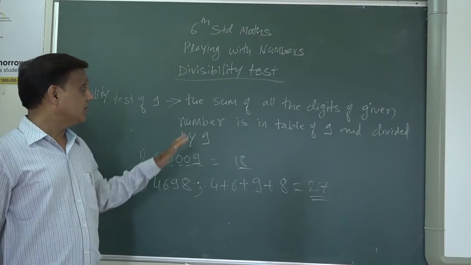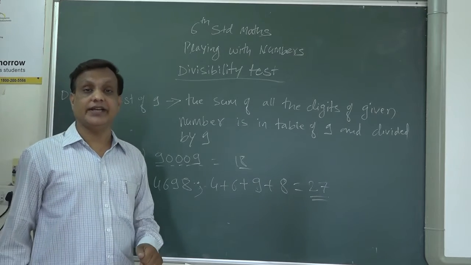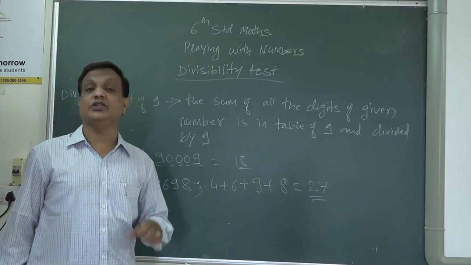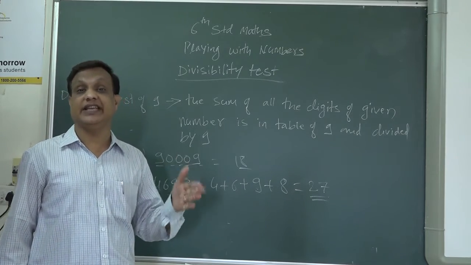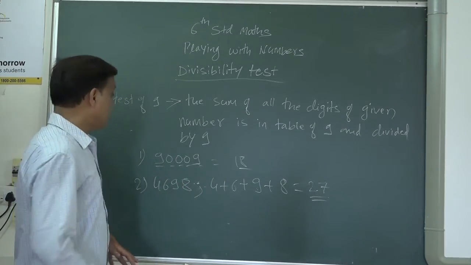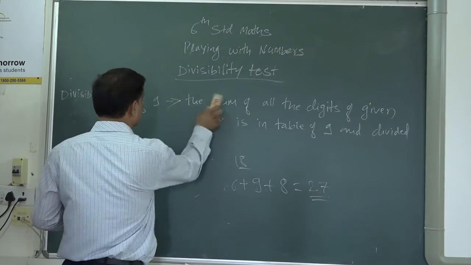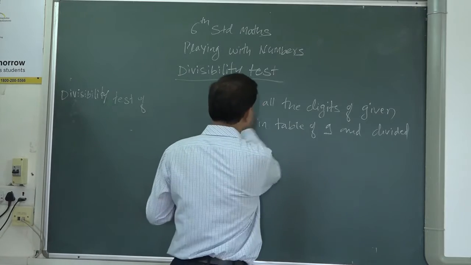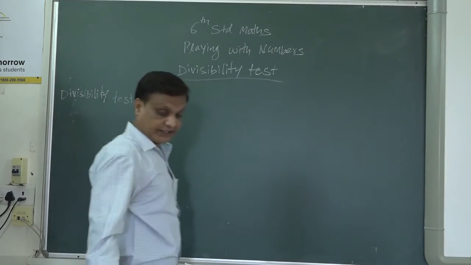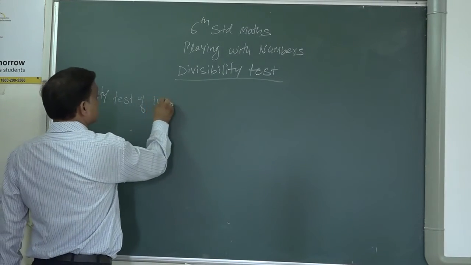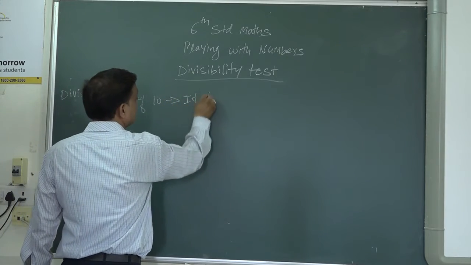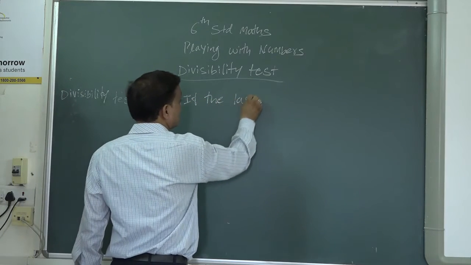So by this divisibility test, you can understand whether the given number is divisible by 2, 3, 4, 5, 6, 8, 9, 10, etc. Now last we will take the divisibility test of 10. The divisibility test of 10 is very easy.